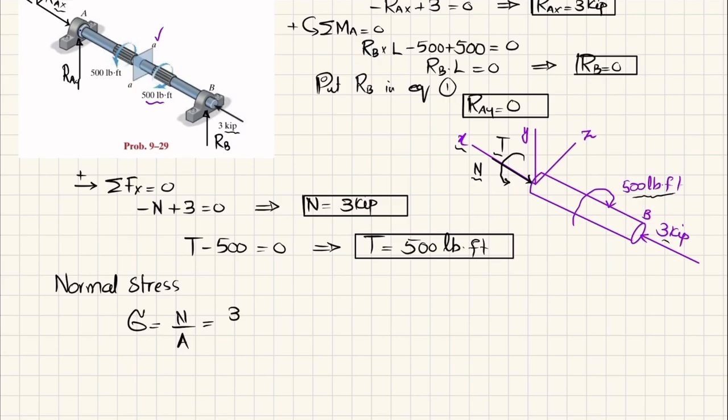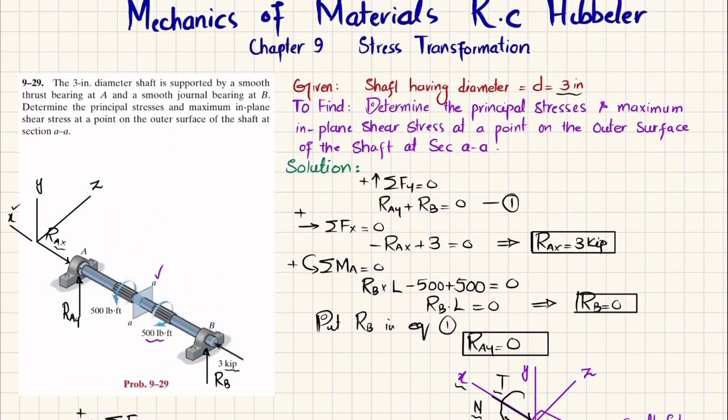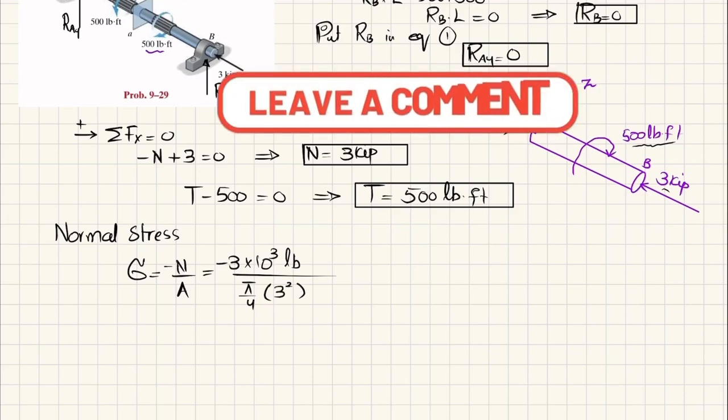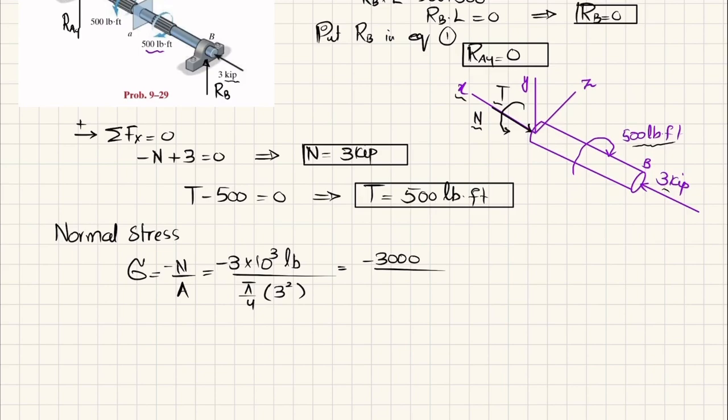So it will be minus 3 kips, 10 raised to power 3, converted into pounds. And what about area? This is a circular shaft having diameter 3 inch. So area will be equal to pi by 4 d square, and d square is 3 squared. That will give us minus 3000 divided by area, which is 2.25 pi. This will be pounds and this will be inch square.